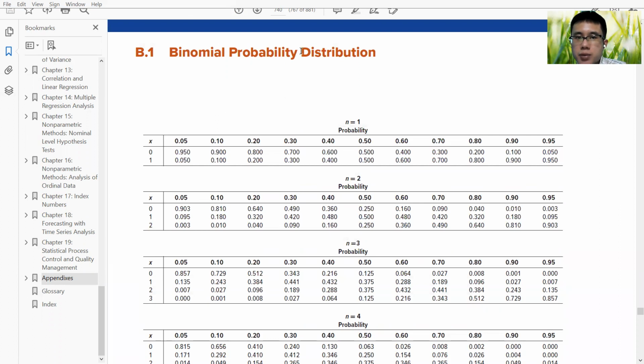With this title, binomial probability distribution, all values in the table are the value of the probability of capital X equal to little x. And as we saw before, our formula is combination of n and x, pi to the power of x times 1 minus pi to the power of n minus x, like this. If we see, there are two parameters here.